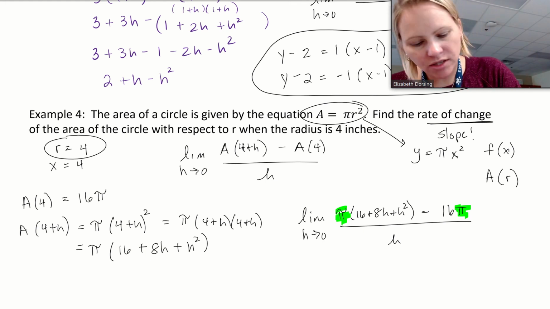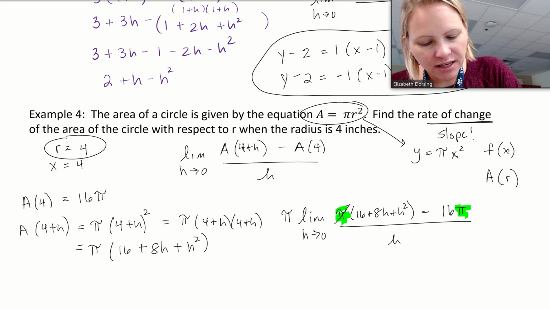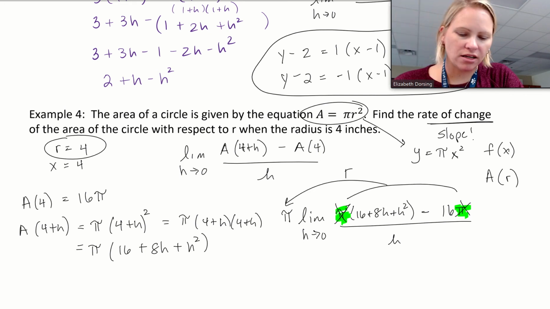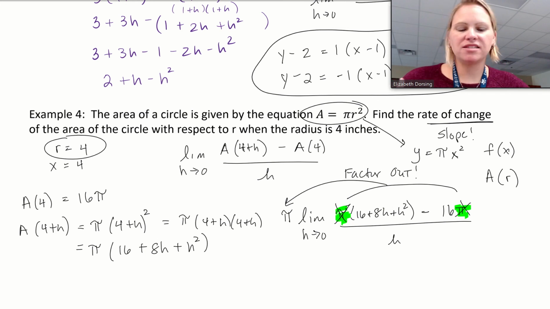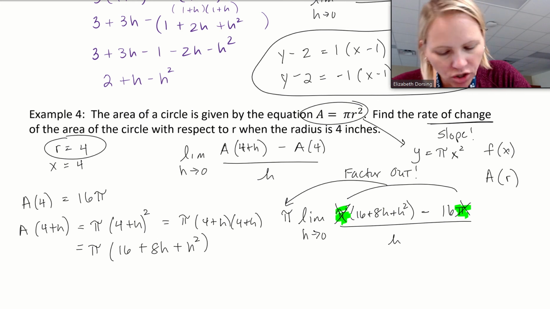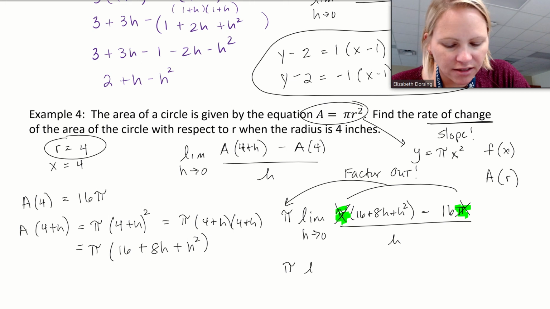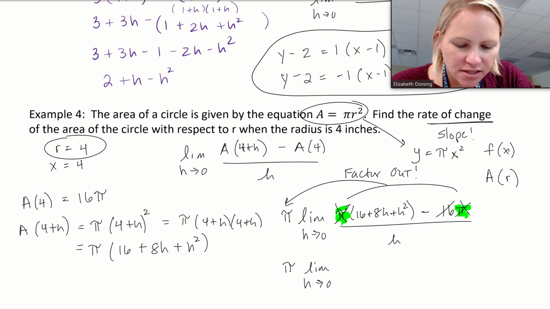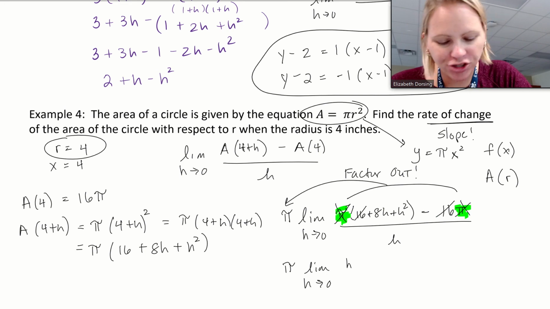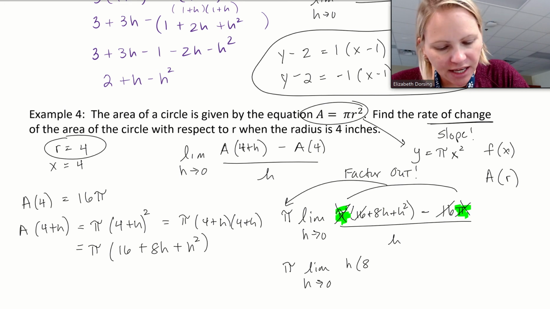So what I'm going to do is take that pi, factor it out, and put it to the outside. Now this is a nice trick because now I don't have to write pi after every term. So I'm going to have pi, and then the limit as h approaches 0, and the 16s are going to go away, and I'm going to factor out an h from the 8h and the h squared, just like I have been. 8 plus h over h.